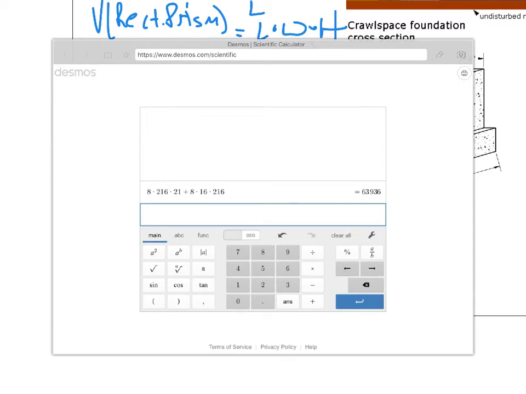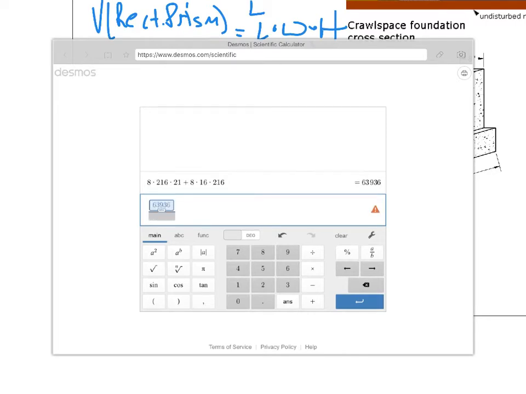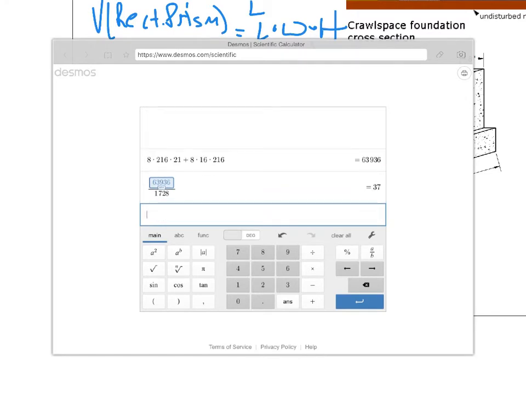So we're going to take the answer and divide it by 1,728. That's how many cubic inches are in a cubic foot. And so we have 37 cubic feet.